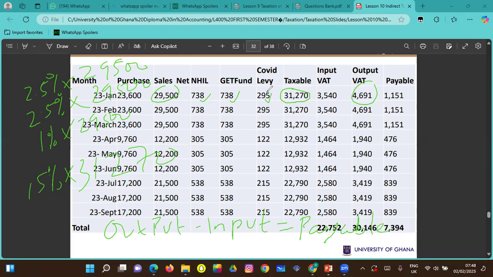You are just going to apply the tax rate on the purchase amount. So in all, when we subtract, this is what you will be paying. When you do the same thing for all of them, that's what you are going to get. All right, let's move on. Time is far gone.